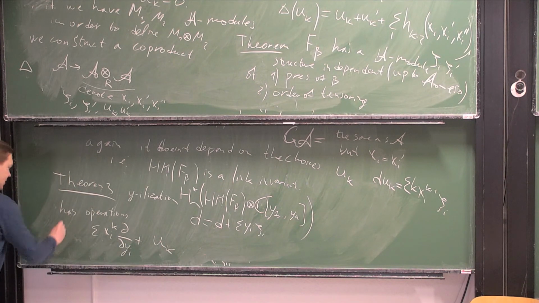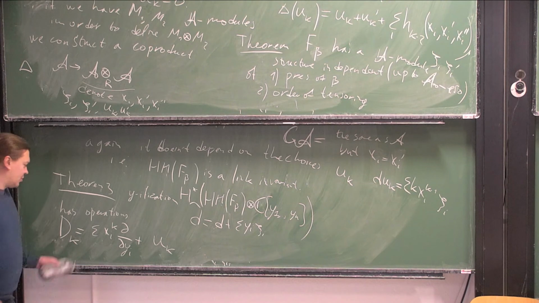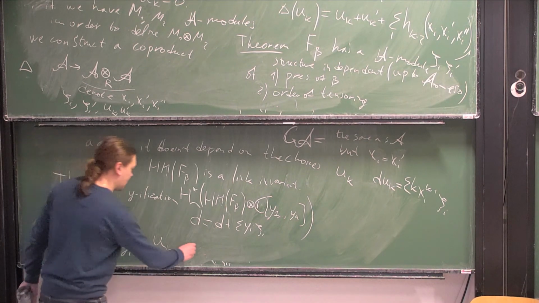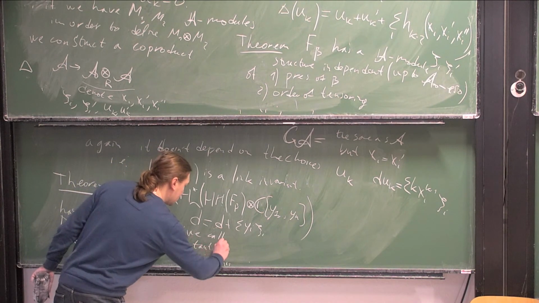These are independent of the choices. They are canonically defined operations for any braid, for any link. So these are commuting operations, which we call tautological classes.